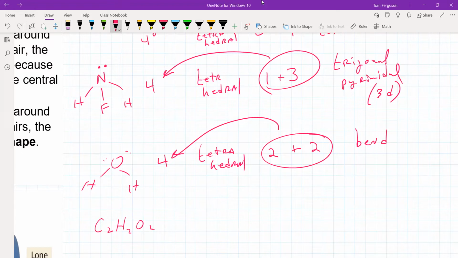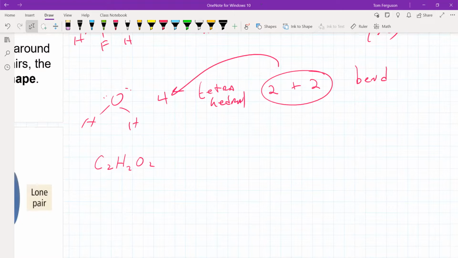Step number 2 is find the central atoms. So if we were to do a dot structure to that, wait a minute, that's kind of complicated. Let's do it differently. Okay, so the dot structure for that is what we did yesterday.